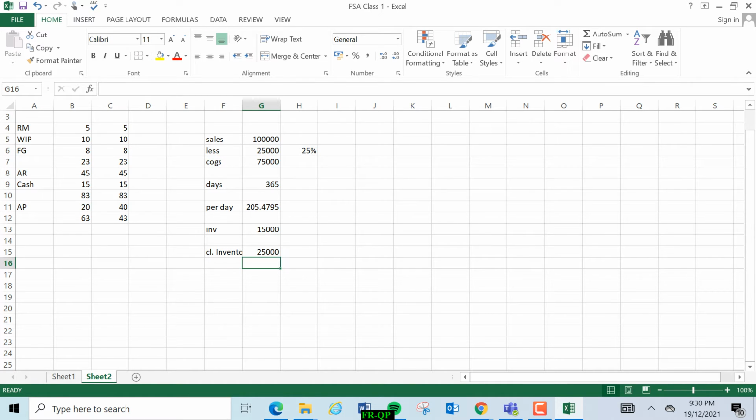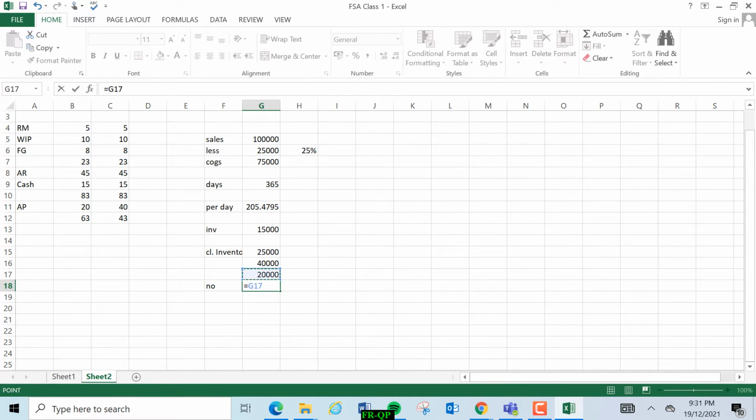So in that case, your average inventory is how much? 20,000. So the number of days you have to store your inventory, or in other words, how many days your inventory will last.